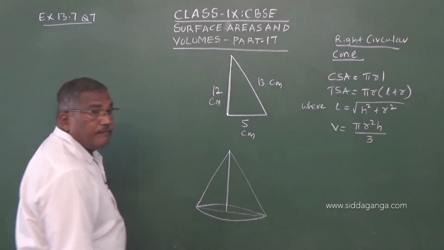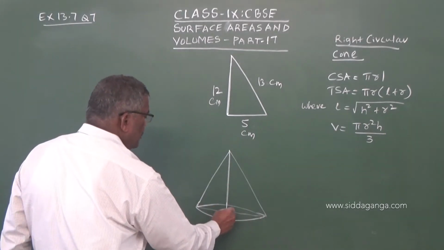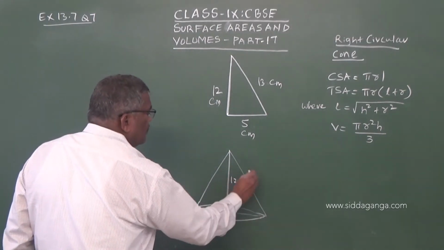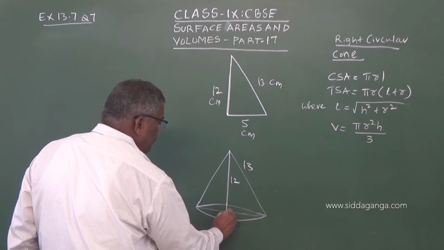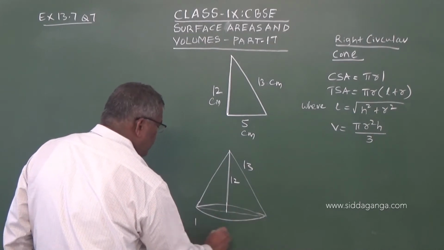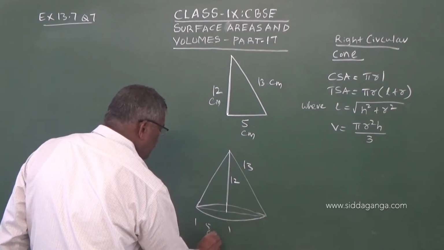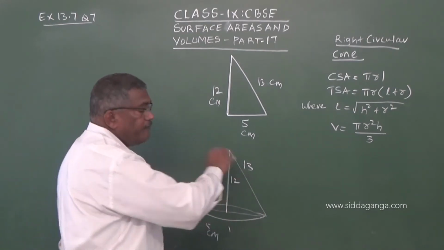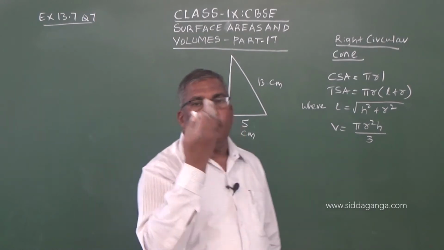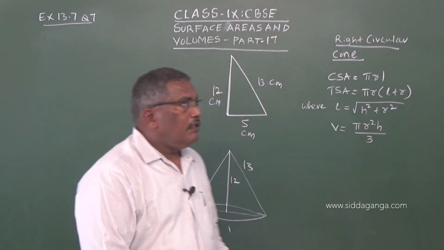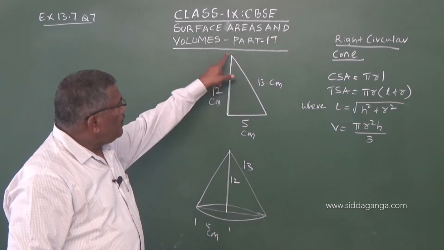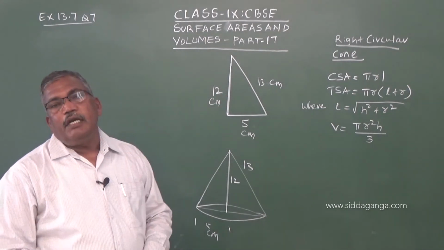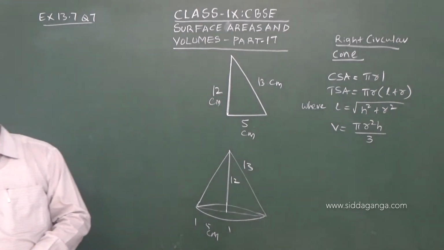So like this. This is 12, this is 13 and from here to here it is 5 centimeter. So this is the cone. It is an imaginary cone which is formed when the triangle is rotated with 12 centimeter as the central axis.